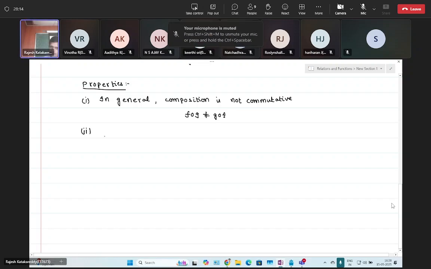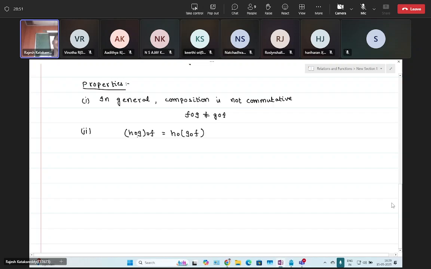In general, composition satisfies the associative property. If we take three functions f, g, h, we can write the associative property: (h composition g) composition f is equal to h composition (g composition f).